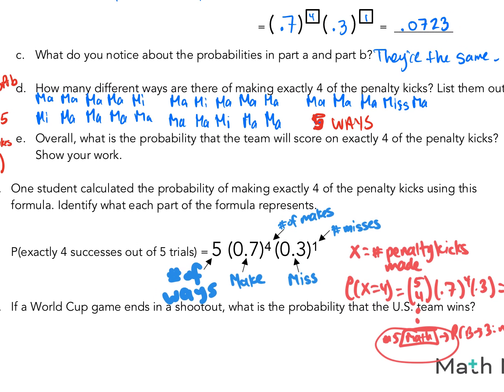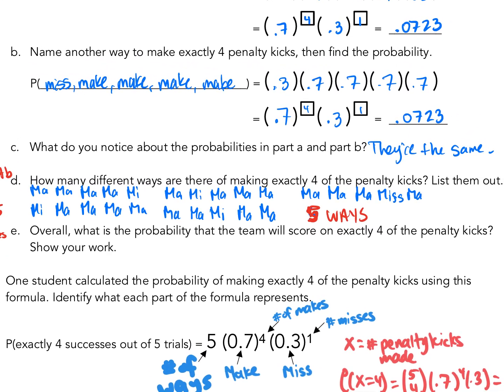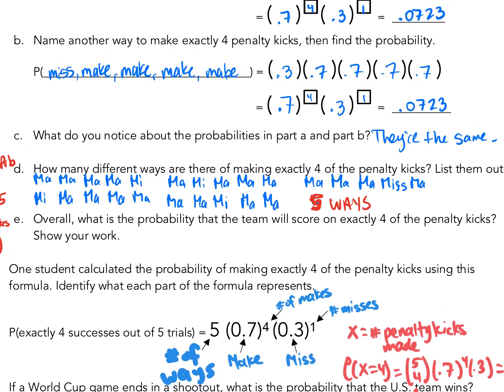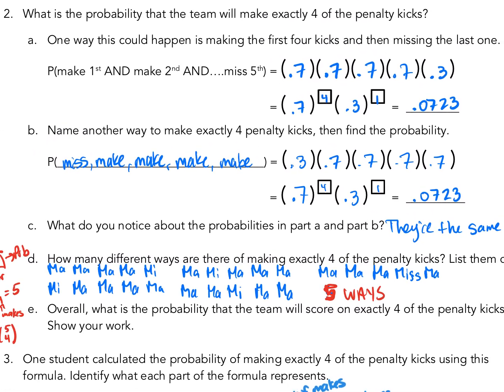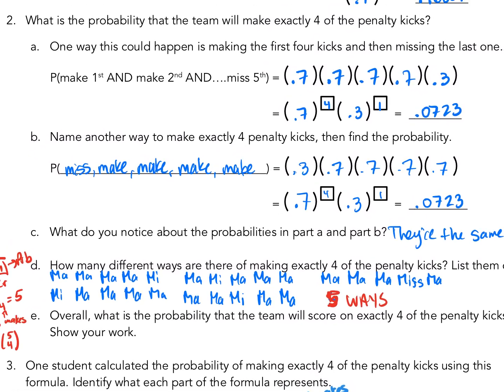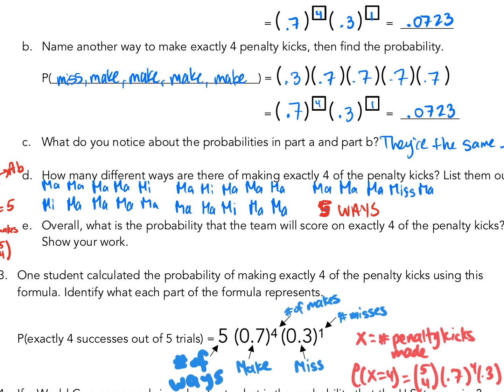So overall, what is the probability the team will score exactly 4 of the penalty kicks? Okay, so remember we have all of the different ways to make exactly 4. We have 5 different ways we can do that.